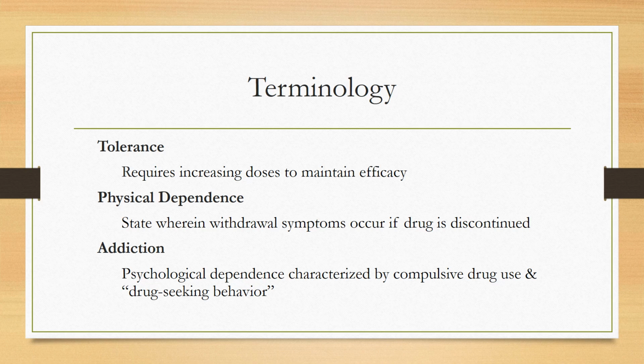Patients on high enough doses can't be without their medication, otherwise they're just in so much pain it's refractory, so they become dependent on it. And then addiction is a psychological dependence by compulsive drug use. This is a step beyond physical dependence, where they are doing whatever they can to get a hold of the drug. They ultimately become desperate.